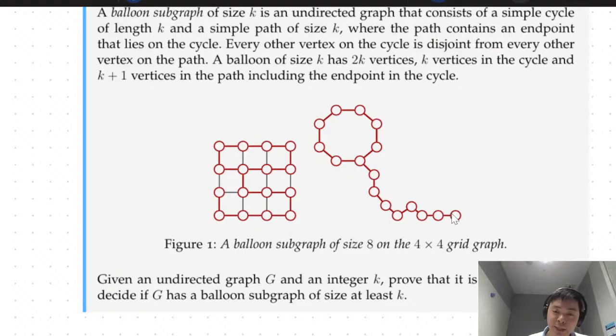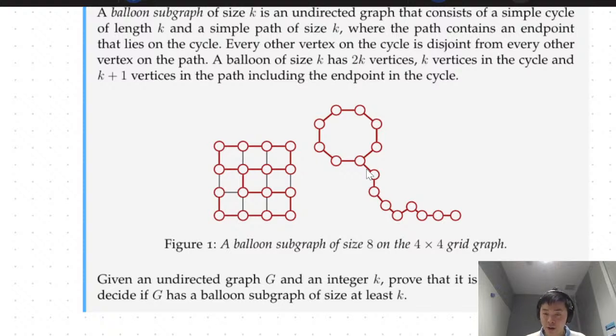A path is going to be connected to some vertex on the cycle, and it is of size k if the path has length k plus 1, including the vertex that is connected to the cycle, and the cycle itself has size k.